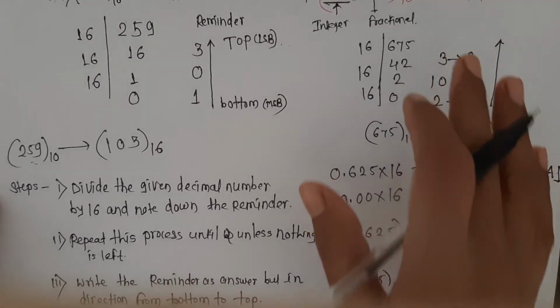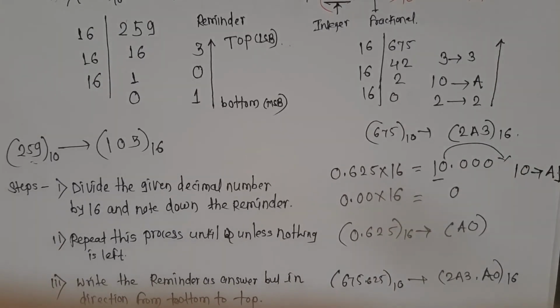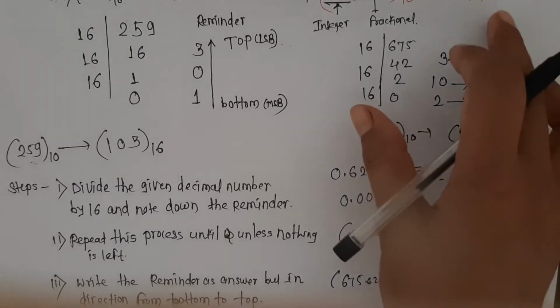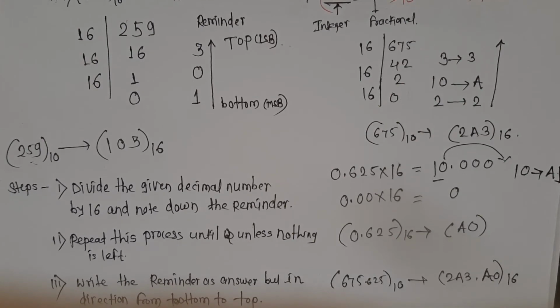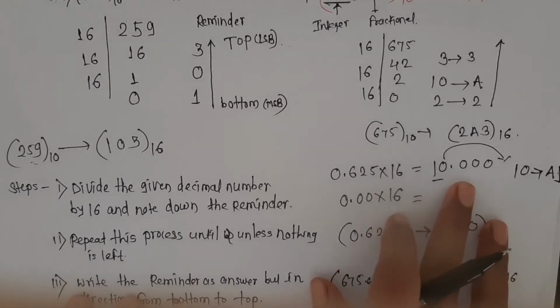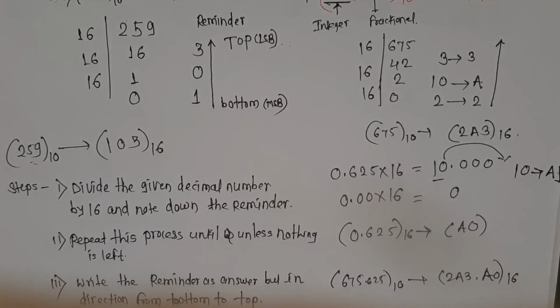So what are the steps in the fractional part? We take the number and multiply it by 16, and we note down the carry generated to the right side. After that we repeat the process until it stops. In some cases it will not stop and may repeat up to 6-7 places.